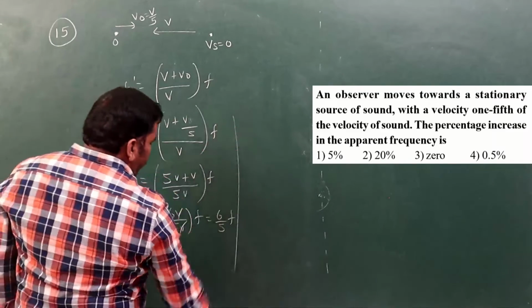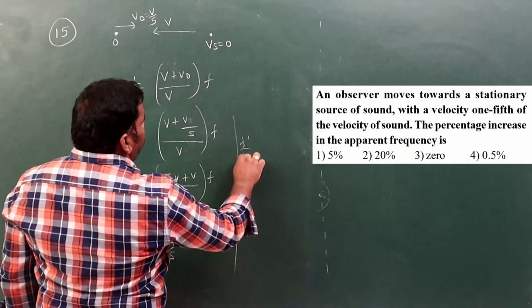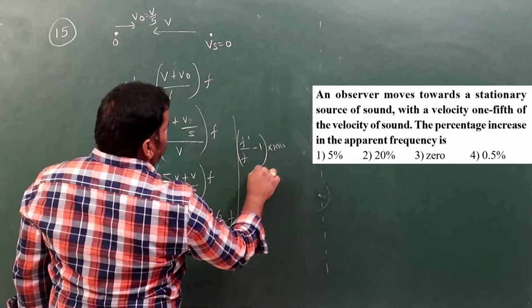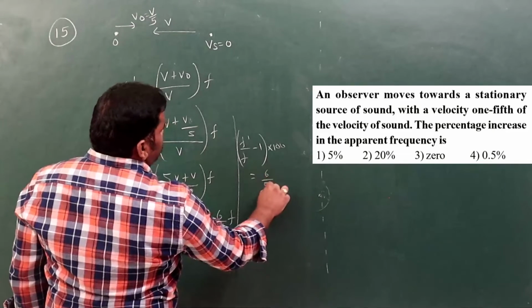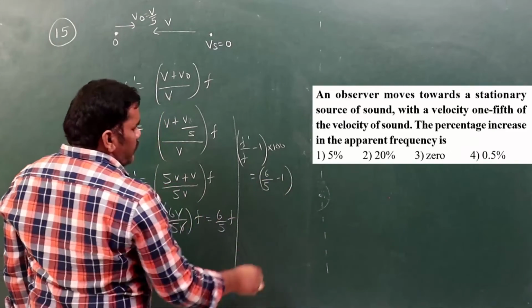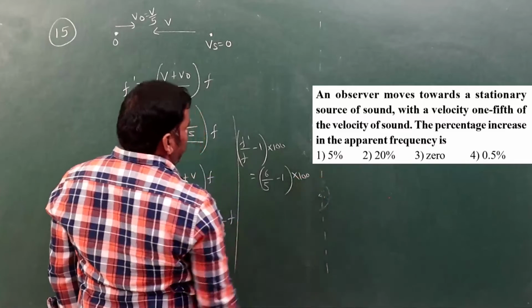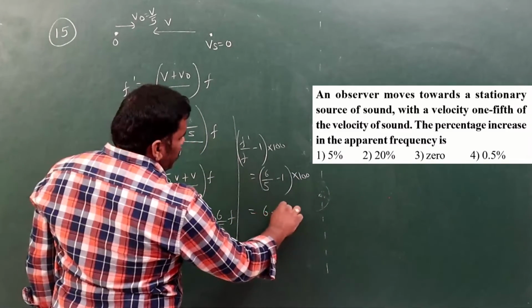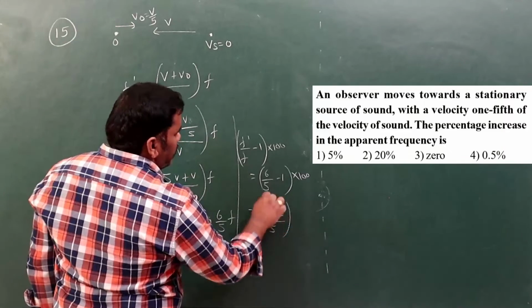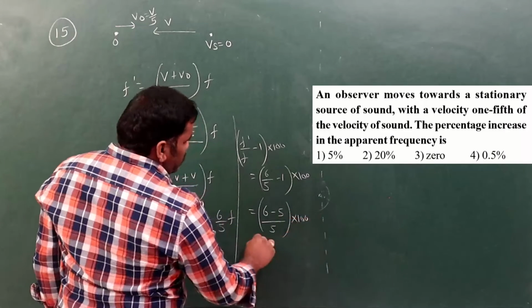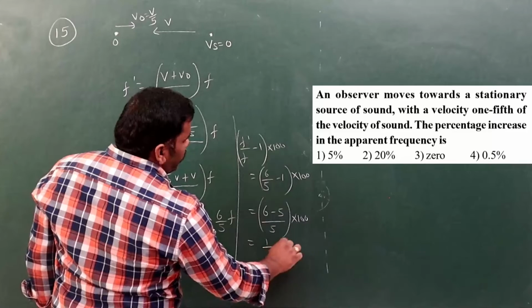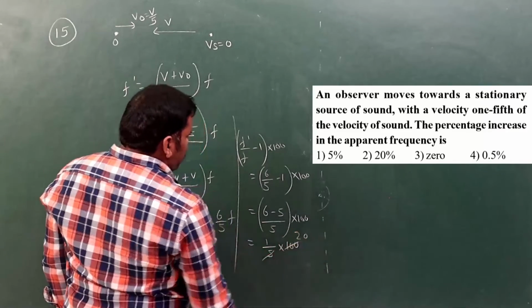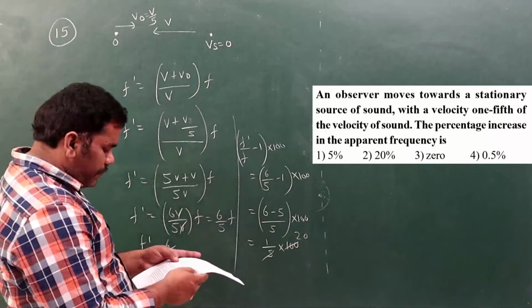So you should find the percentage, which means (f dash by F minus 1) into 100. That is (6 by 5 minus 1) into 100, which is (6 minus 5) by 5 into 100, which is 1 by 5 into 100. So how much percentage?